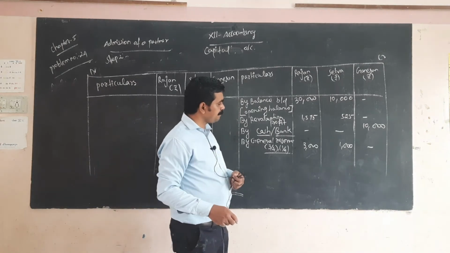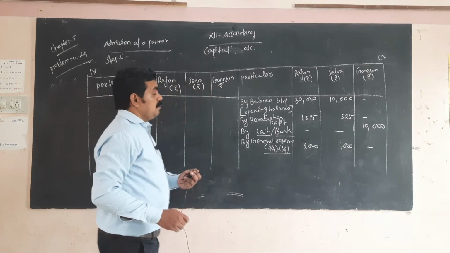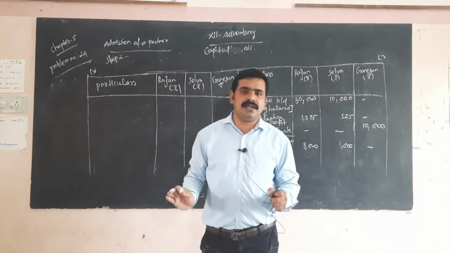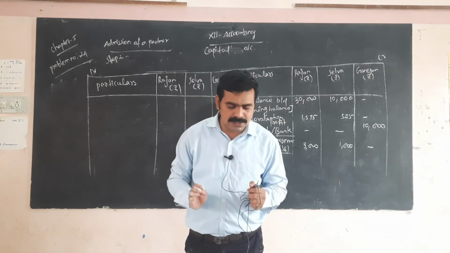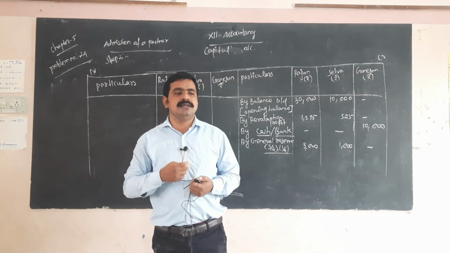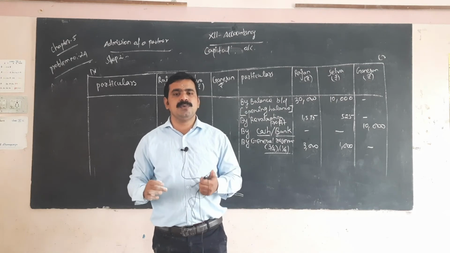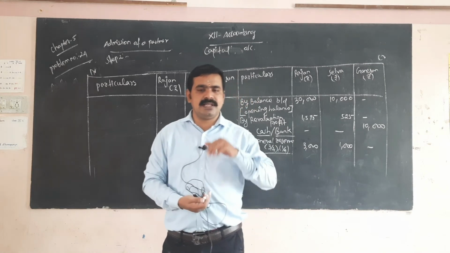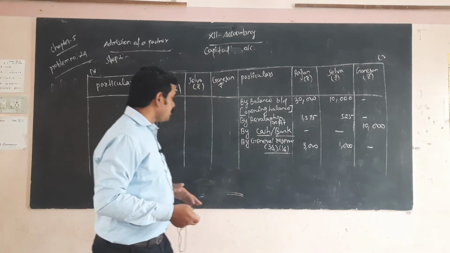Next, one important thing, and I already told: workmen compensation fund, then profit and loss account, then general reserve. The three things included are also considered in your capital account. When you are calculating the capital account, the three things are considered.